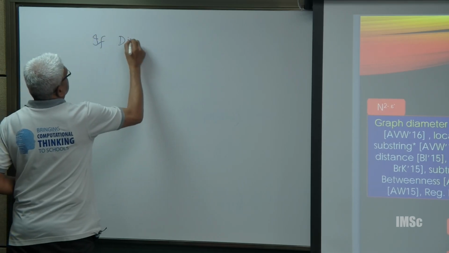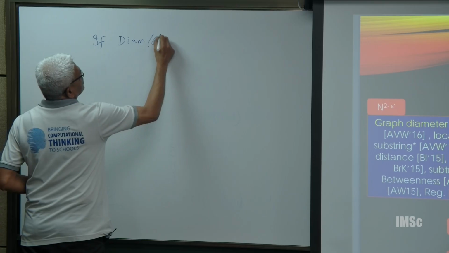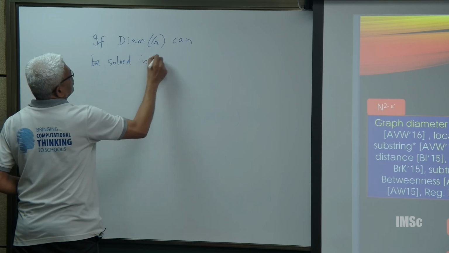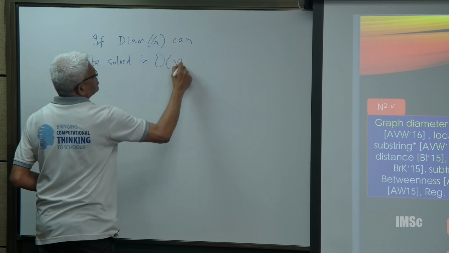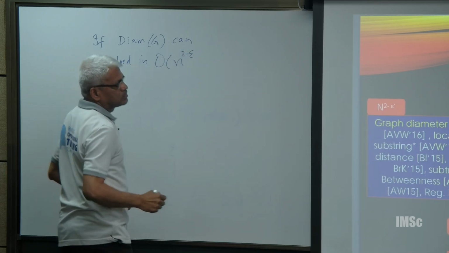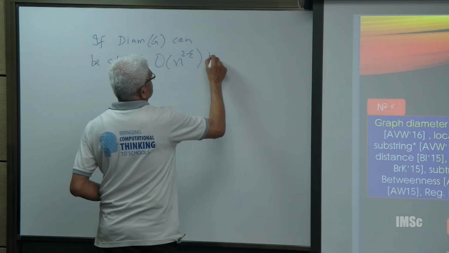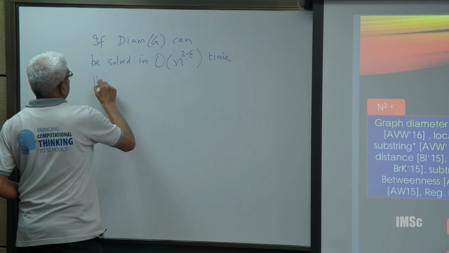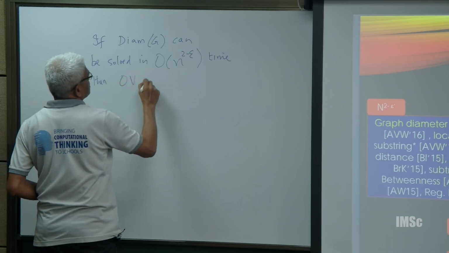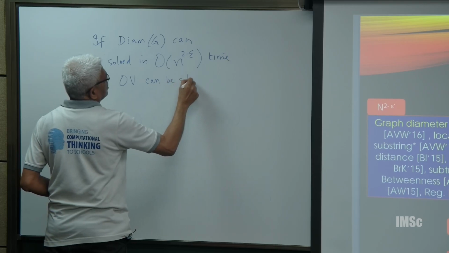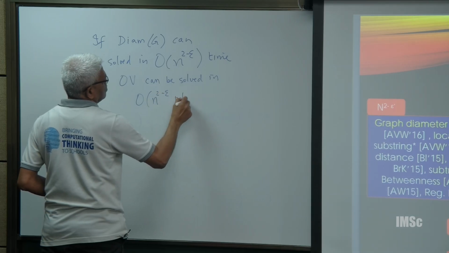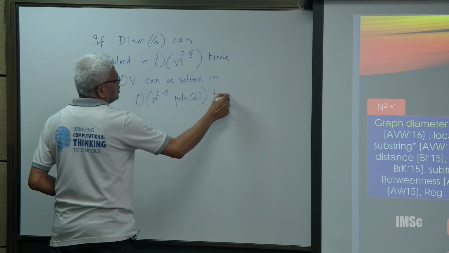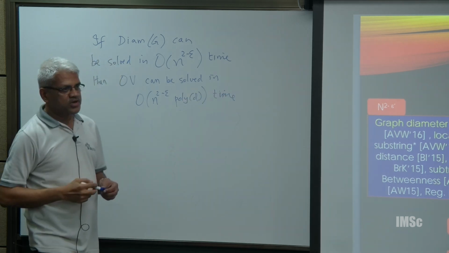If diameter of G can be solved in order n power 2 minus epsilon, then we are going to say that orthogonal vectors can be solved in a similar time, which implies strong exponential time hypothesis is false anyway.